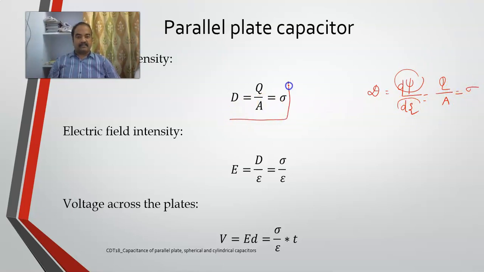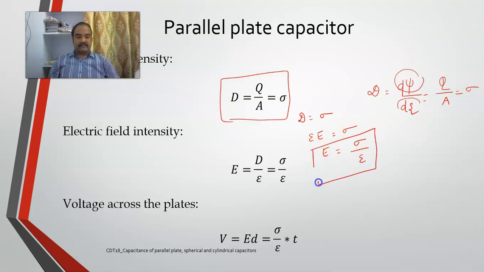So your flux density is the surface charge density. Now, you know that this is equal to epsilon E. So, what is E now?